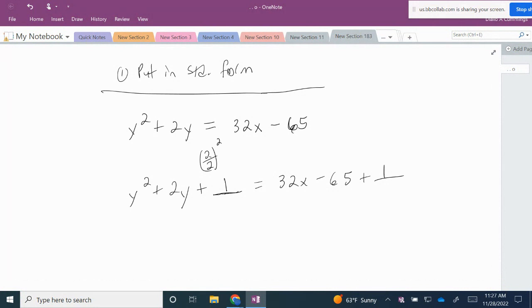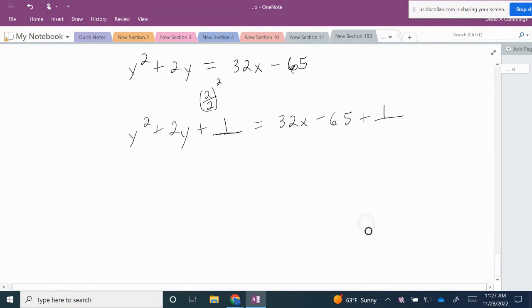So that means that y squared plus 2y plus 1 is actually a perfect square trinomial, and that can be written as y plus 1 quantity squared. Because if I take y plus 1 times y plus 1, I'm going to get y squared plus 2y plus 1.